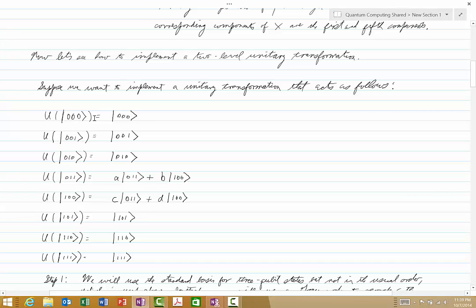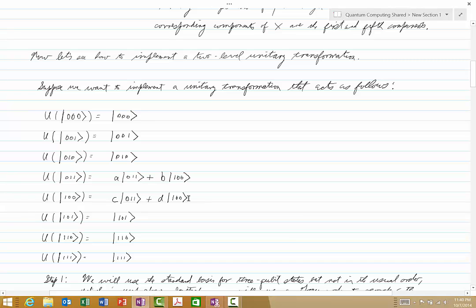U of 000 is 000, U of 001 is 001, and so on. But on two states, it acts in a non-trivial way. U of 011 is equal to A times 011 plus B times 100. And U of 100 is C times 011 plus D times 100.